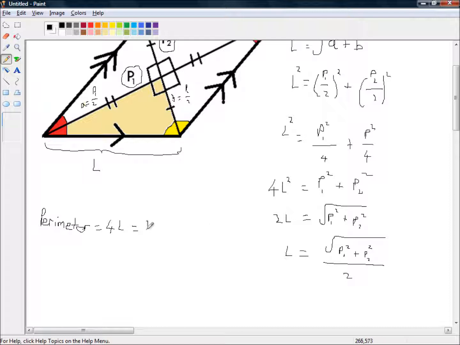So that's just 2 times the square root of P1 squared plus P2 squared. And it's as simple as that.